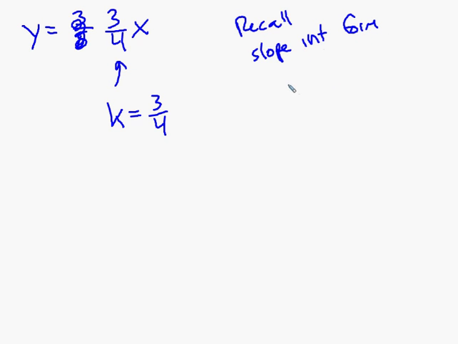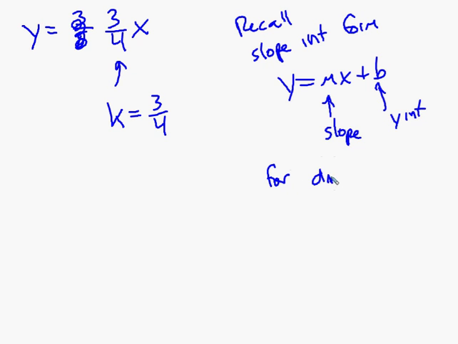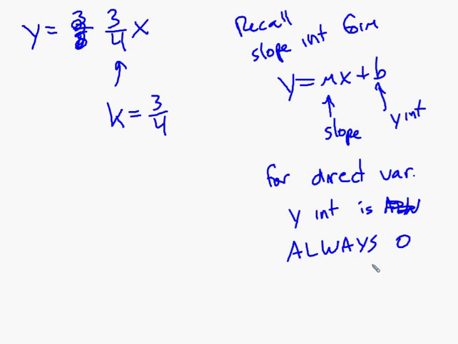These are always going to be lines. Slope-intercept form is y equals mx plus b, where m is our slope and b is our y-intercept. But for direct variation, the y-intercept is always, very rarely will I say always, y is always 0.